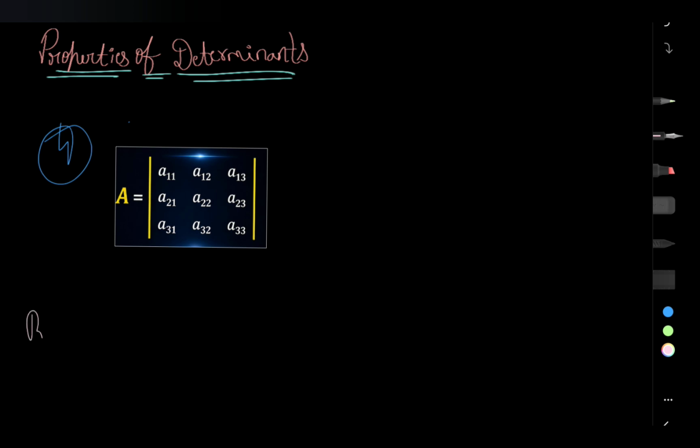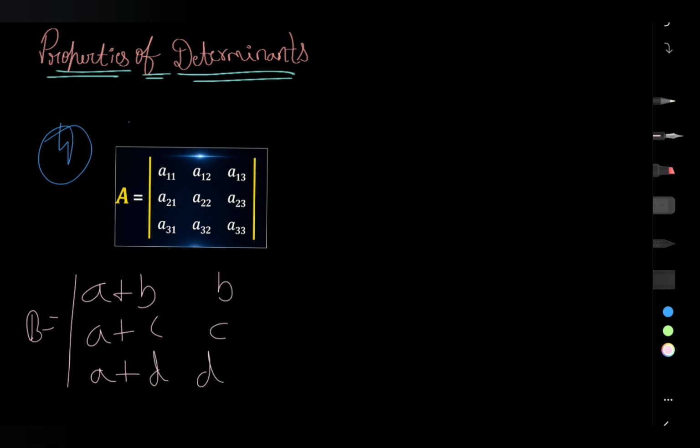See, if I am taking a determinant with A plus B, A plus C, A plus D, then B, C, D, and one more column, I am taking A and A. How to solve this? These are unknowns, a b, a c, a d, all are unknowns here.